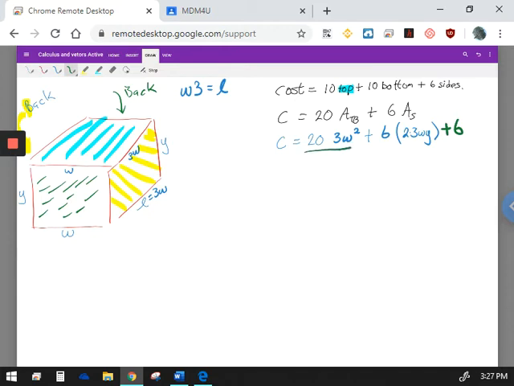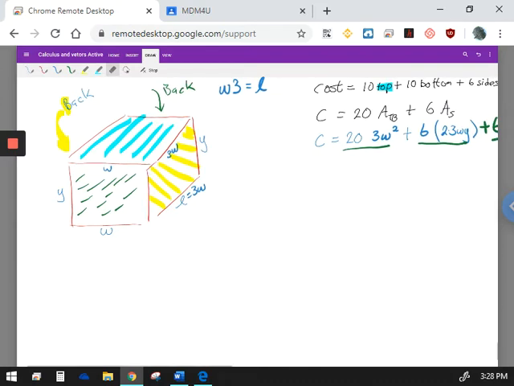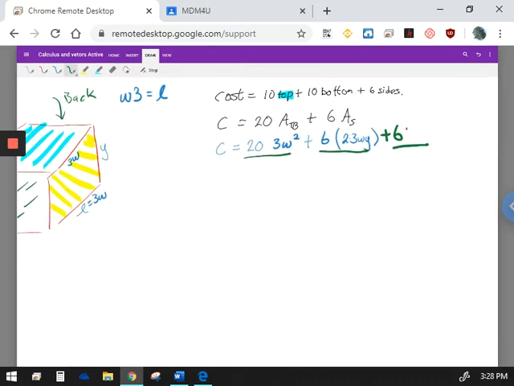Because I got my top, bottom, my yellow sides, and my green sides for the total cost of the box. This is going to end up being a W and a Y for the green side. All right? So we'll multiply that by a W and a Y. Questions? Now, we got to multiply it by 2 because there's 2 of them. Right? Don't forget that.